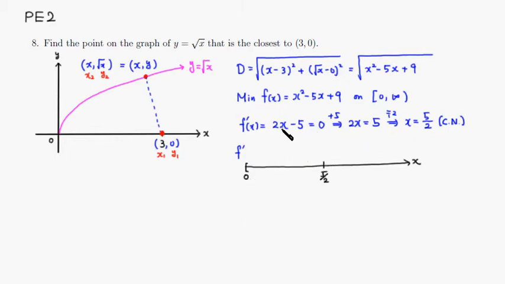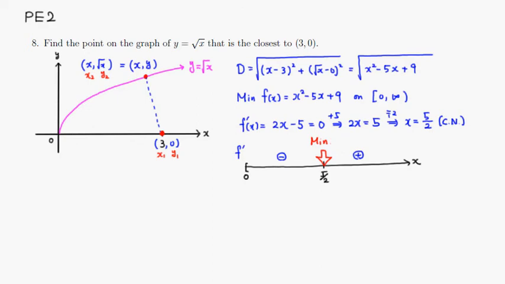If you plug in 1, 2 times 1 minus 5 is negative, so we have a negative sign here. And try something bigger than 5 halves, like 3. 2 times 3, 6, minus 5 is positive, so you have a positive here. So you have decreasing turning into increasing, so by the first derivative test, we know that this is going to be the minimum that we're looking for.